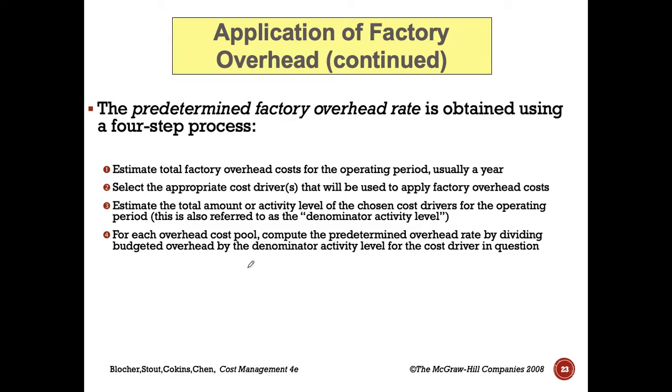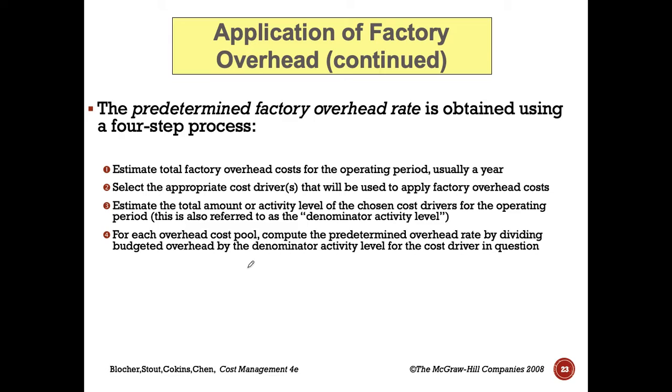So the predetermined factory overhead rate is obtained using a four-step process. First of all, estimate total factory overhead cost for the operating period, usually a year. Select the appropriate cost driver that will be used to apply factory overhead cost, and then estimate the total amount or activity level of the chosen cost drivers for the operating period.